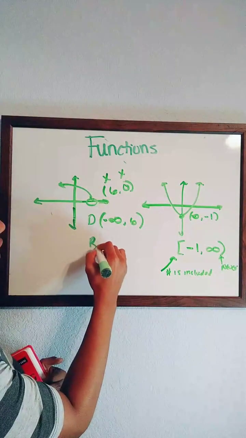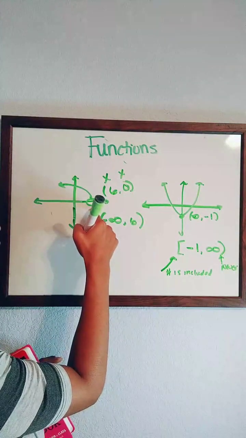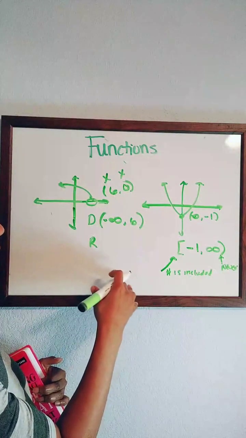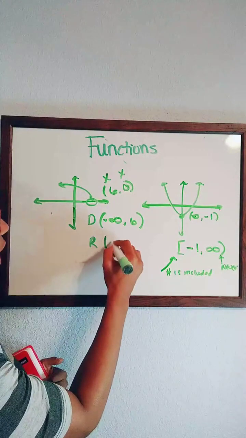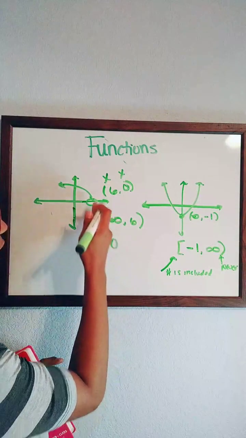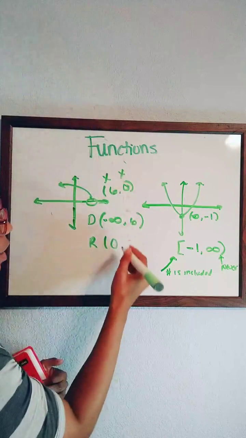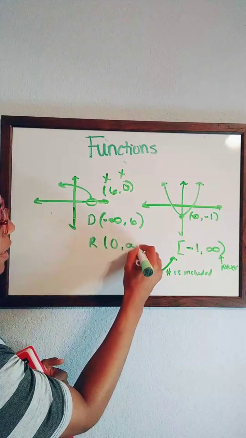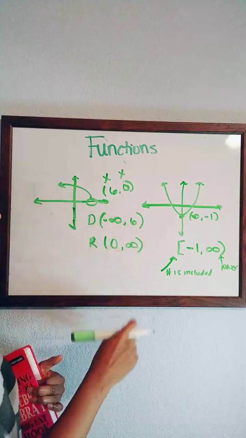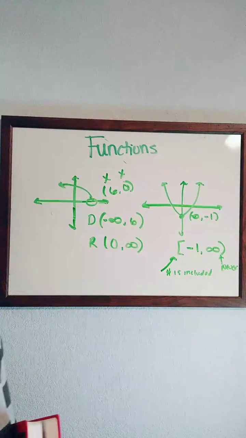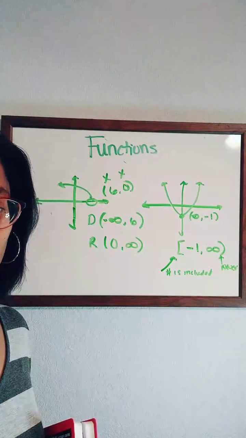For my range, I see that this does not go down into my negative numbers. So my graph starts at 0 and it's going to go up to positive infinity, but I'm not going to put a bracket around either one of those because it's not included in the solution.